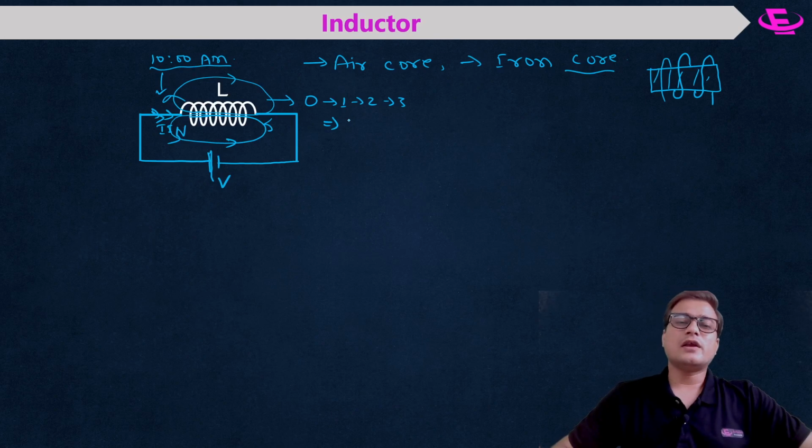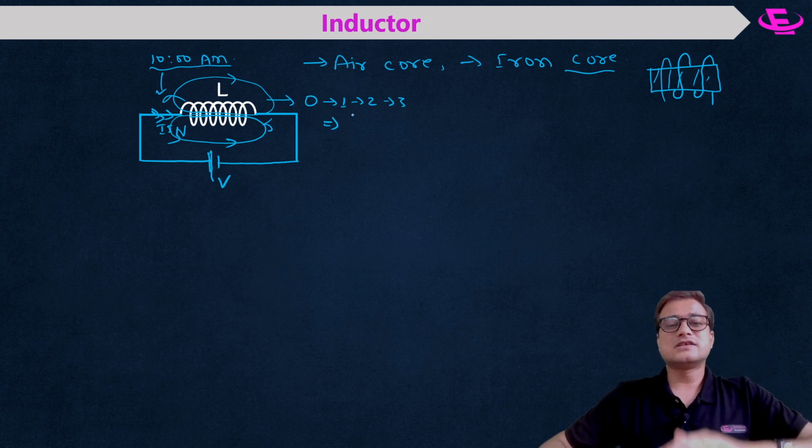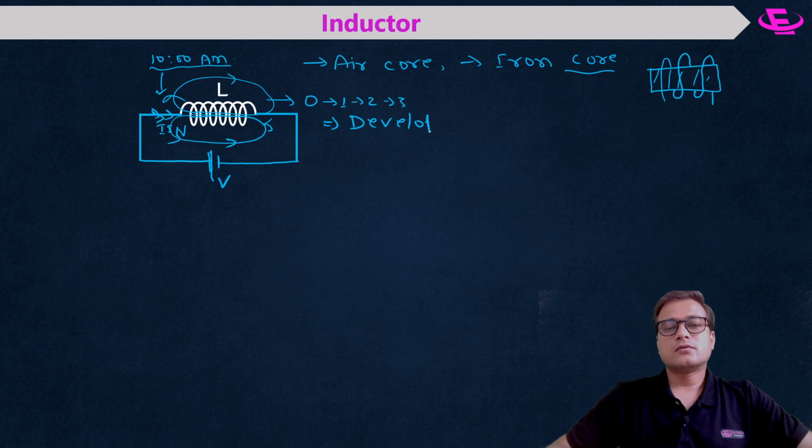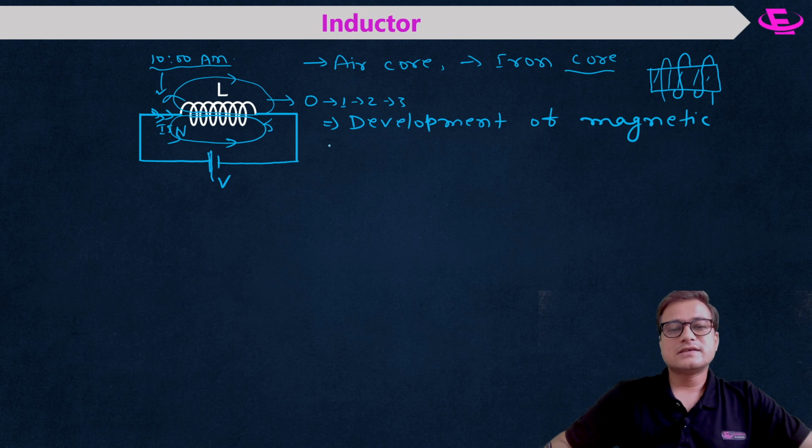Please note this point. It is a very important point, because when somebody asks you why an inductor does not allow sudden change in current, you will have to tell this reason. What is the reason? Development of magnetic field lines is a gradual process.